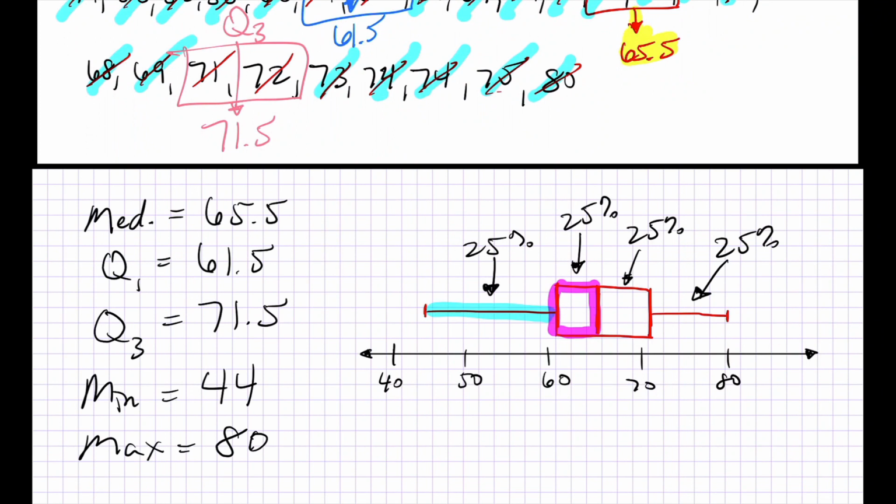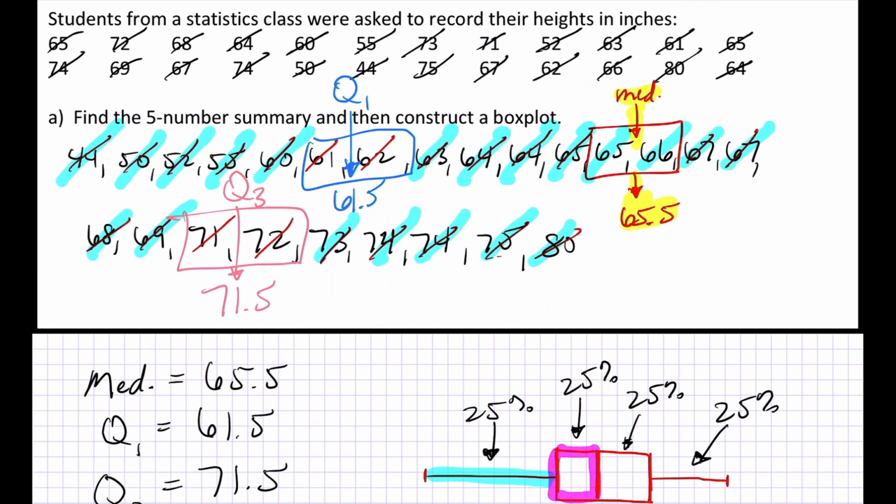Yeah, exactly. The gaps between the numbers. From here to here, the spread goes from 44 to 61. That's 17. But from here, the range in here is only from 62 to 65. They're really close together. 62 and 65 are really close, but 44 and 61 are pretty far away.